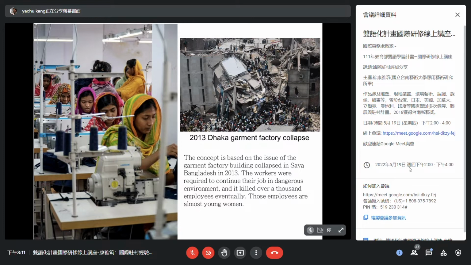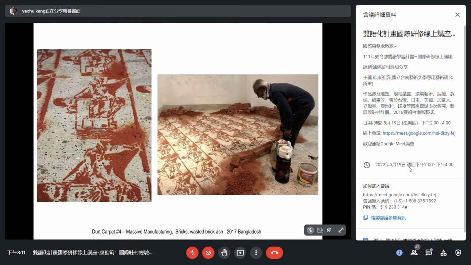They were asked to continue sewing garments inside the building, and it eventually killed over 1,000 employees, almost all of them young women. I was really touched by this news. So when I got invited to do this exhibition, I decided to make this work.